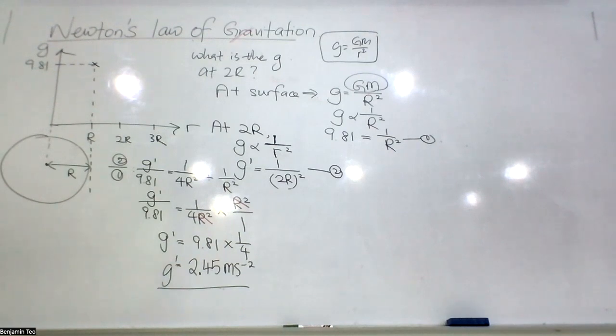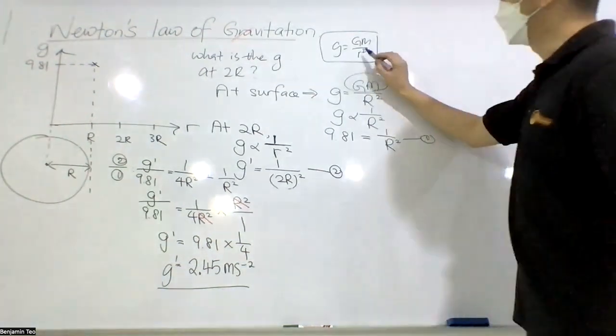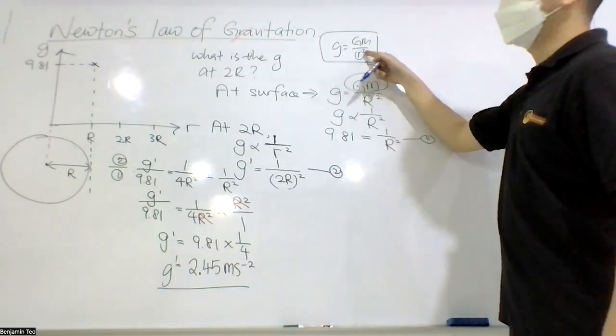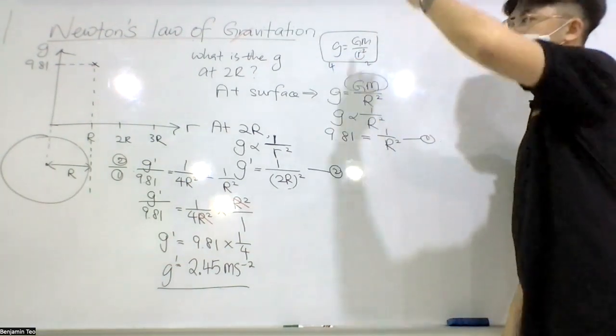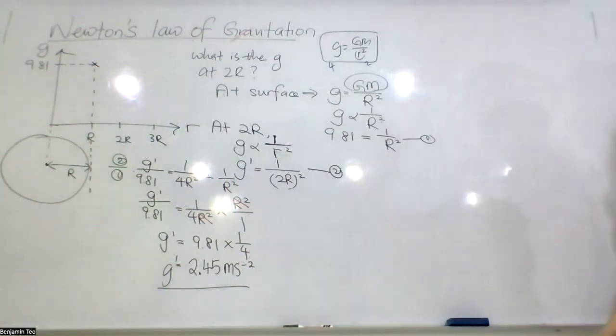Right? So if this R is 2, the square here, factor of 2, decrease by 4. Sorry, not decrease, it's a factor of 4.